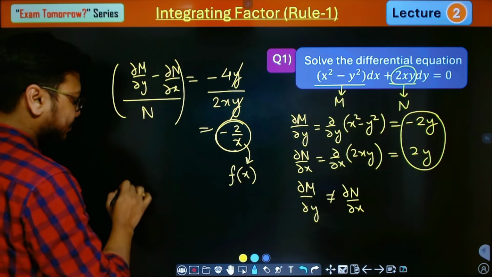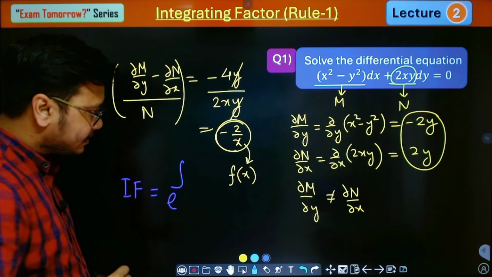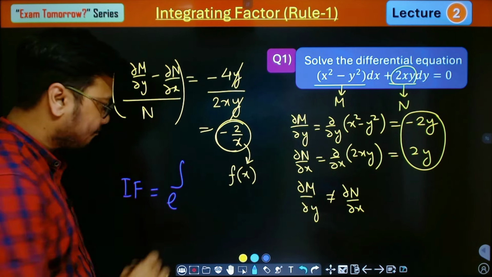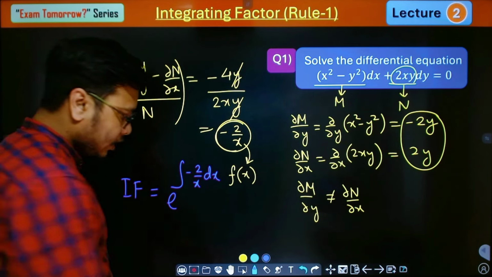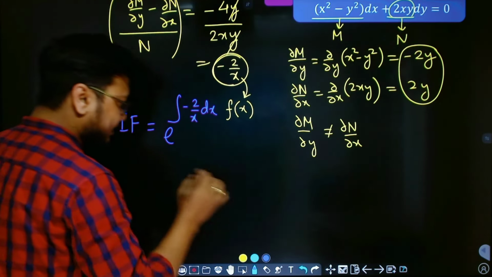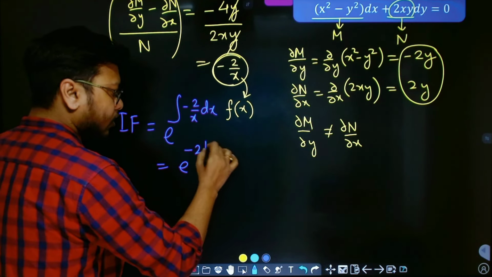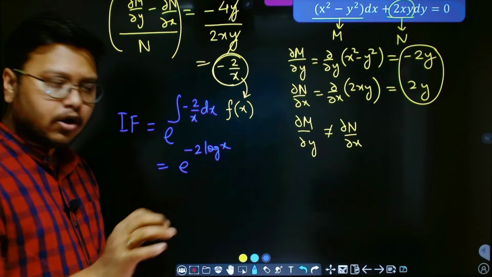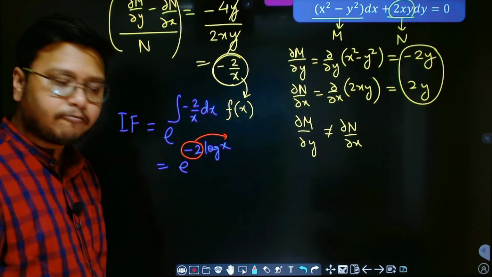So now I can say that my integrating factor is going to be e to the power integration of the particular function that I have got. So that's minus 2 upon x dx, right? If I integrate this, I'm going to get e to the power minus 2 log x. Now I can take this minus 2 and raise it to the power of x.